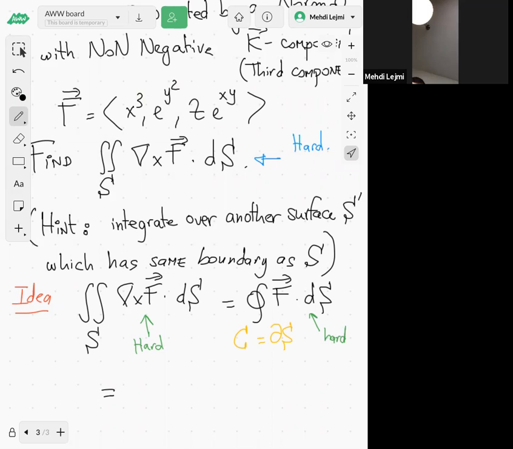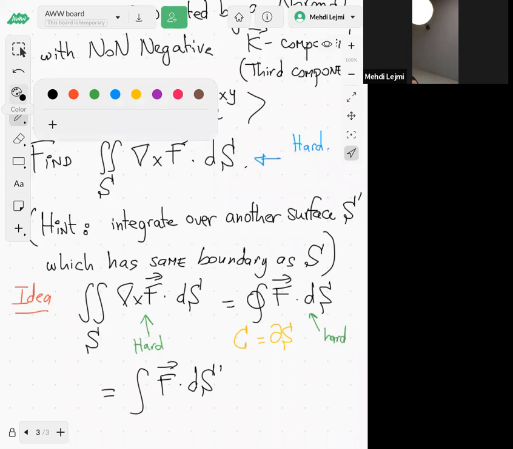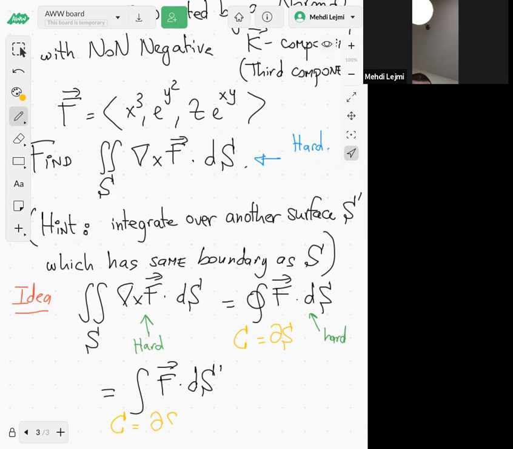But if you pick now a different surface with the same boundaries, we're going to have, of course, the same integral here. This is also hard to evaluate because it's the same vector field along the same path. So these two are the same integral.